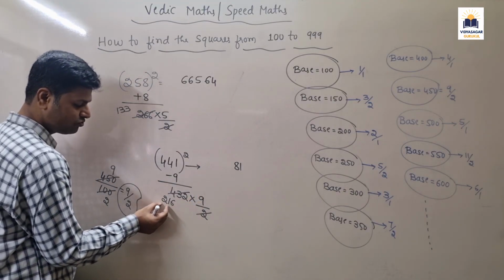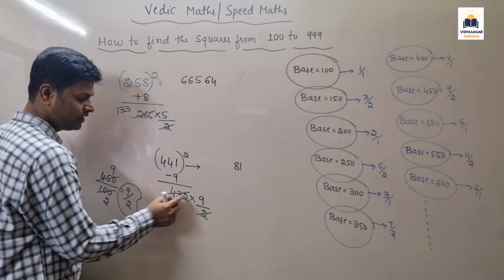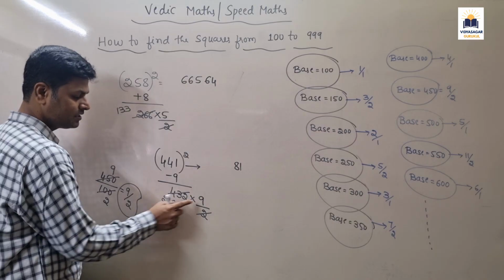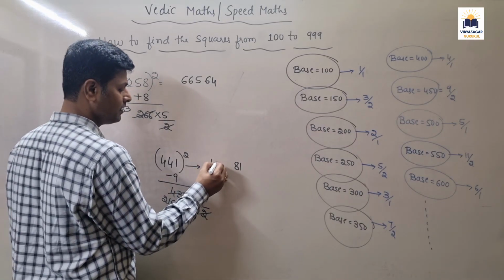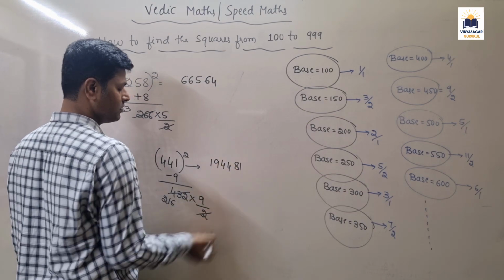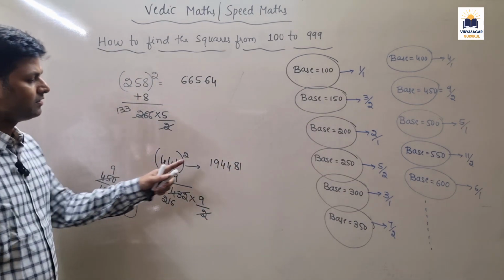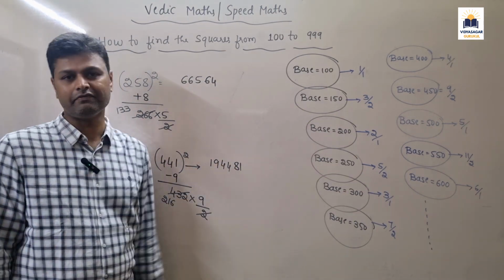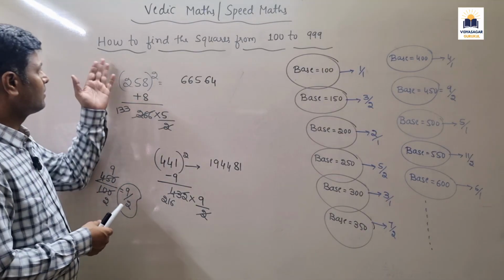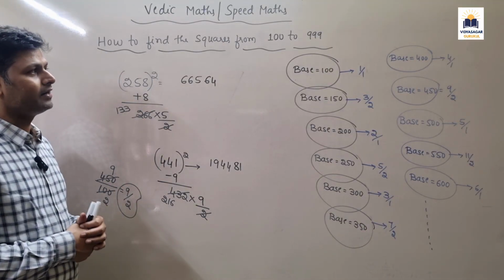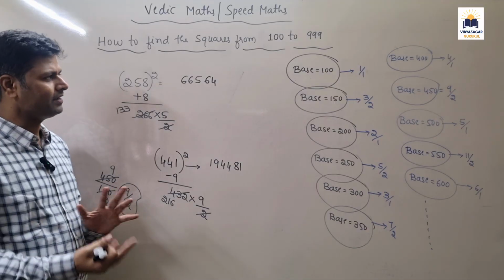So I am taking it as 200 plus 16. 200 into 9, 1800. 16 into 9, 144. So 1800 plus 144 is how much? 1944. So the 441 answer is 1944 81.